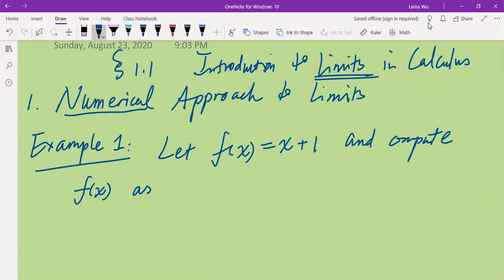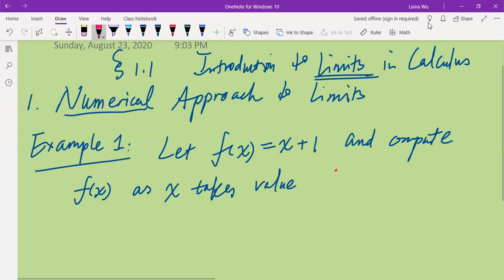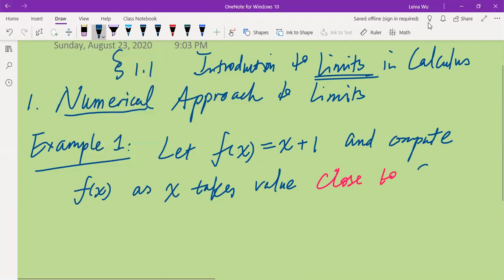Of course, we're referring to the value of f of x as the x takes value. All right, next is the key thing. Close to 2.